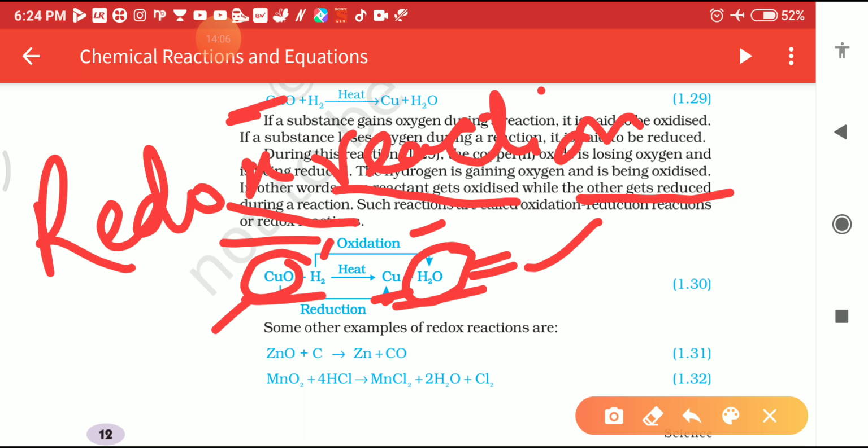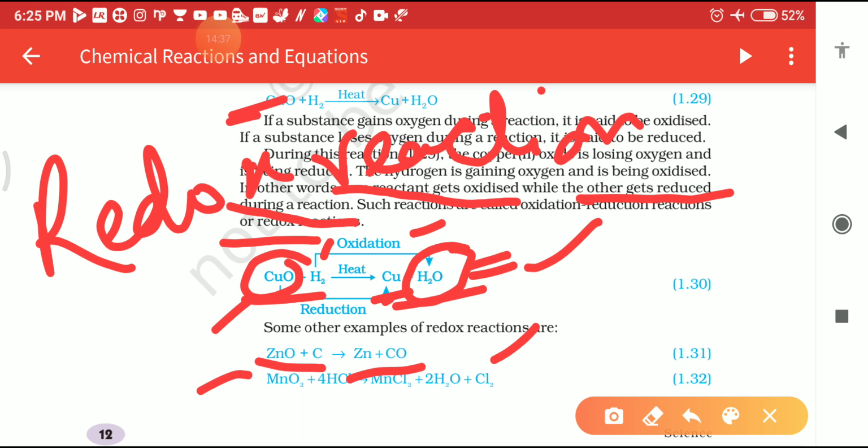Let's take another example, students. You can easily understand this one also. Here zinc oxide plus carbon gives zinc and carbon monoxide. Now in the reactants you have two substances, zinc oxide plus carbon, and it gives rise to zinc and carbon monoxide. Zinc and carbon monoxide are your products and this side is your reactants.